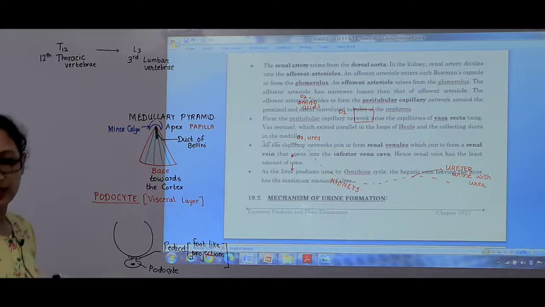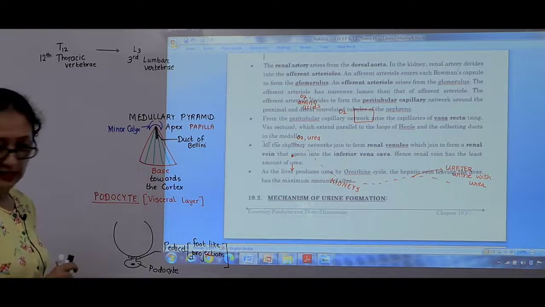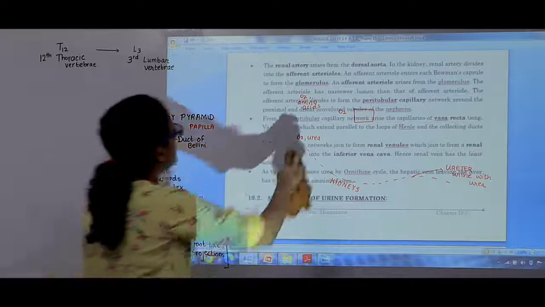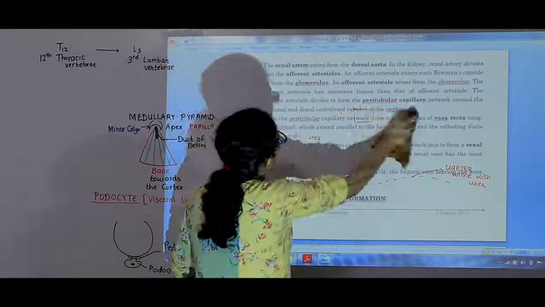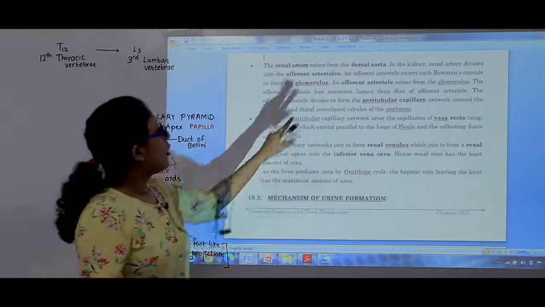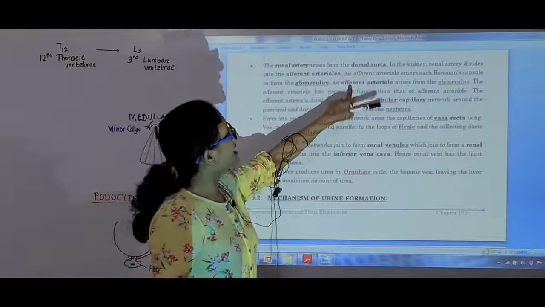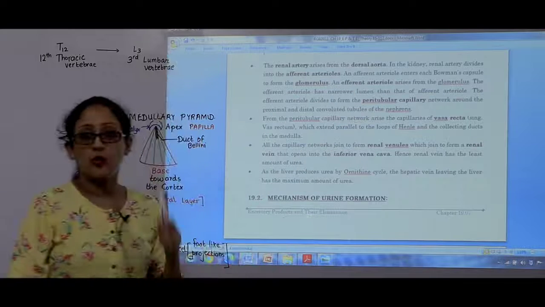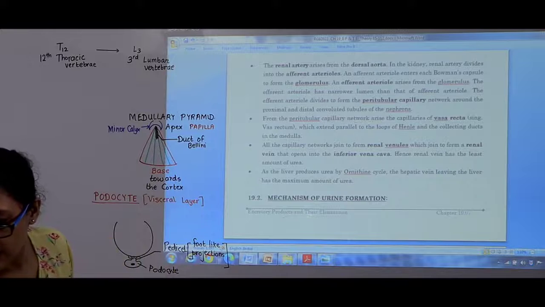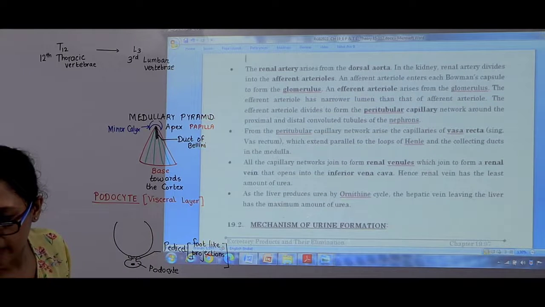So the renal artery arises from the dorsal aorta. This is the explanation. In the kidney, the renal artery divides to form the afferent arterioles which enter into the Bowman's capsule. What enters? Afferent. What leaves is efferent. So afferent has a larger diameter, efferent has a smaller diameter.